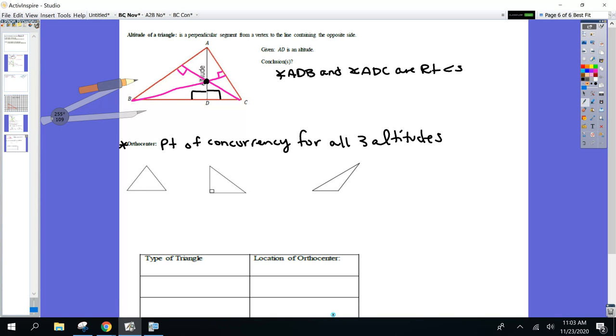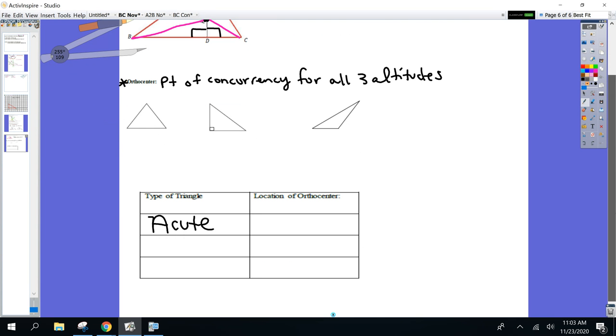You guys remember from last unit, you could name a triangle 3 ways based on its angle measure. Anybody remember one of the three ways? Not its sides, its angles. Yes? Acute. So let's start with that one. If I had an acute triangle, where would my orthocenter be located?